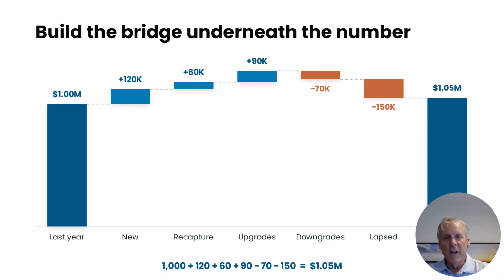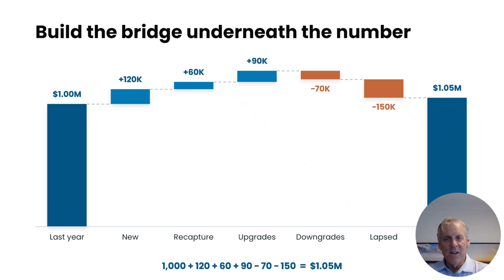So let's build it. Start with last year's total on the left, $1 million. Then walk through what happened to it. New donors add 120,000. Recaptured donors, your lapsed supporters who came back, add another 60. Upgrades, existing donors who gave more, add 90.